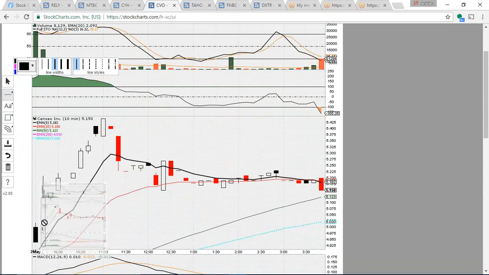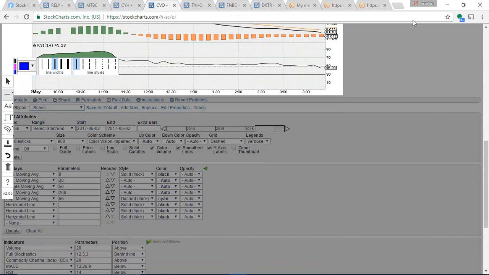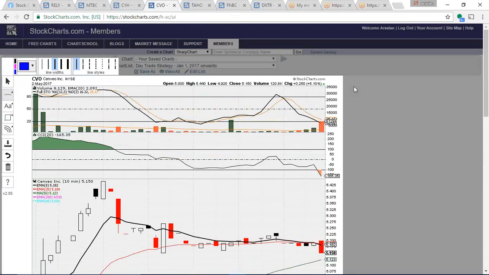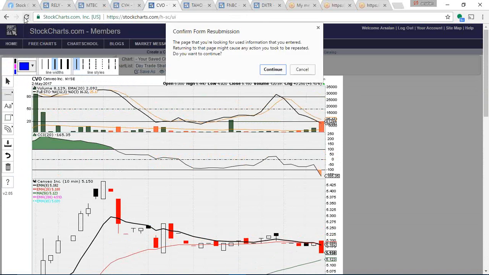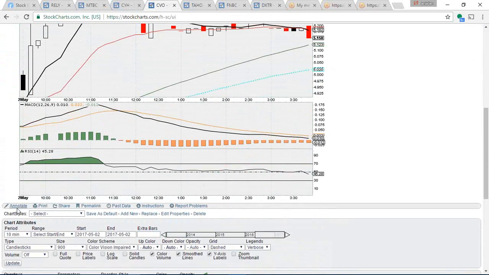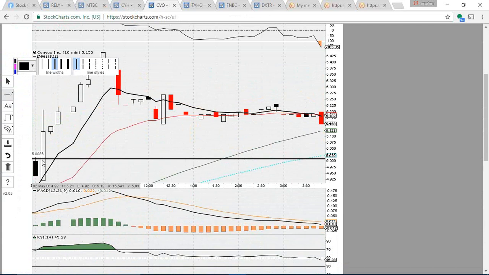Okay, first 10 minutes. Okay, so $5 resistance line, that was the line for the first 10 minutes.